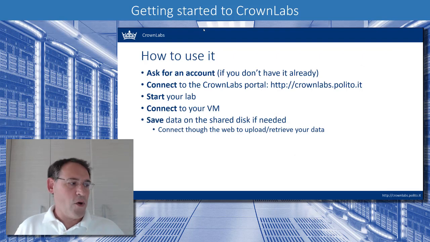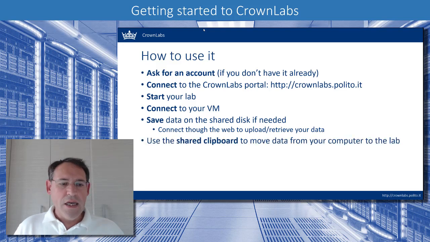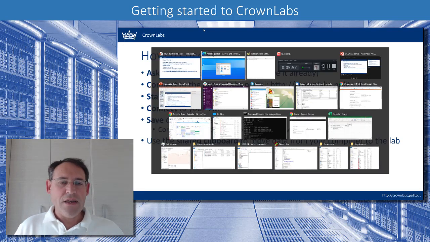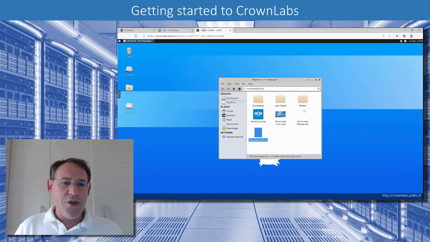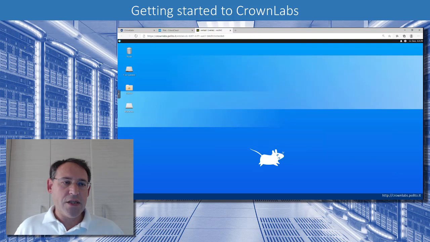The next step was save data on the shared disk if needed. We already demonstrated this. The other thing that you may need is the shared clipboard, copying data from your machine to your system and vice versa.